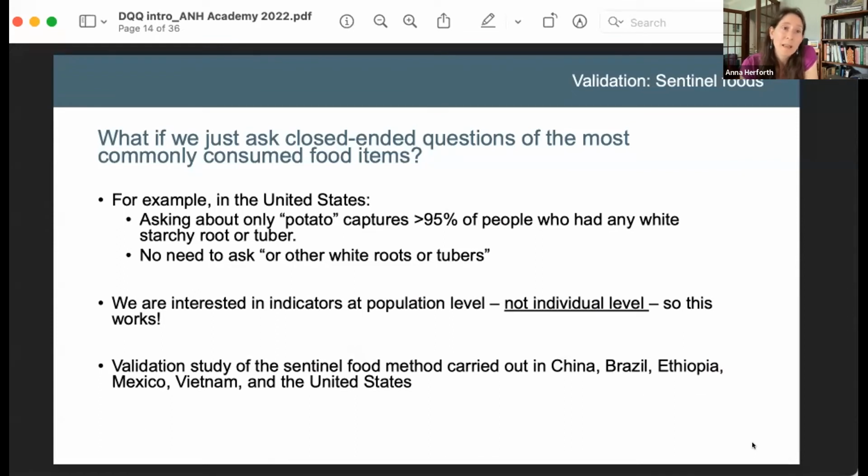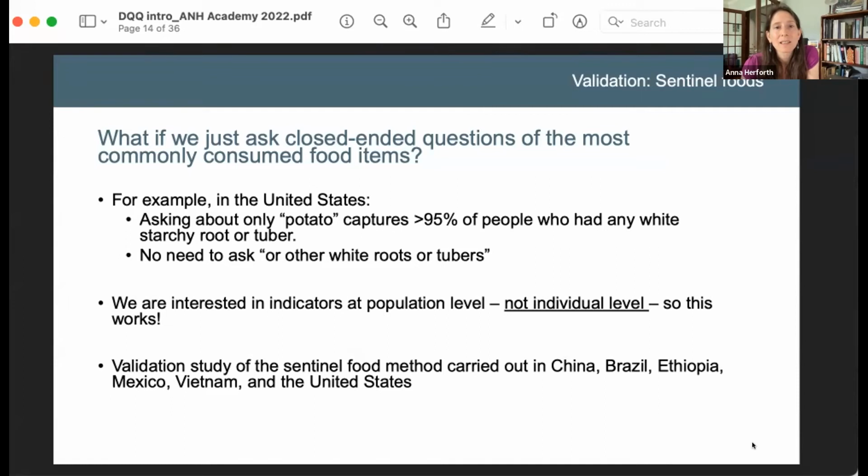For example, in the US, if we want to understand consumption of starchy roots and tubers, all we need to do is ask if people had potato. It's clearly not the only starchy root or tuber available in the United States. There are many others available, but it's so common that it captures almost everyone who had anything in that category.